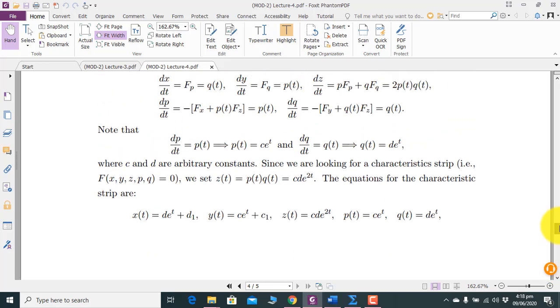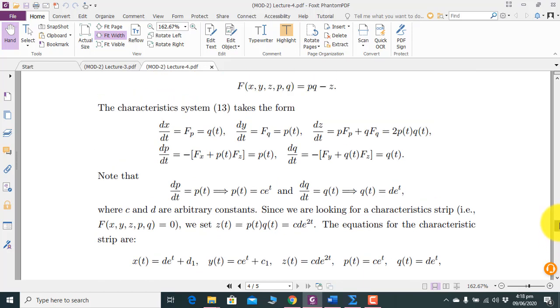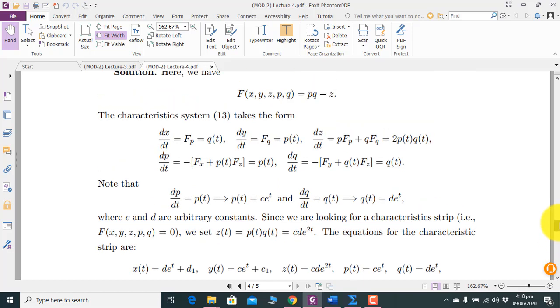We can see again the OD for Z. So the ODs for Z were in terms of P and Q. This is 2PQ. P has the value c e to power t, Q has the value d e to power t. So Z will be equal to the PQ product. And integrating both sides, I think there should be some constant.